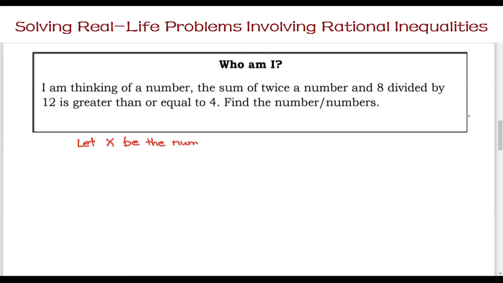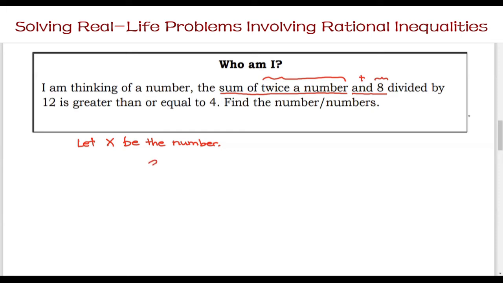Okay? O, pagka-define ninyo ng variable, pwede nyo nang isulat yung rational inequality. Okay? Magsimula kayo dito. The sum of twice the number and 8. Okay? So, ibig sabihin, twice the number plus 8.